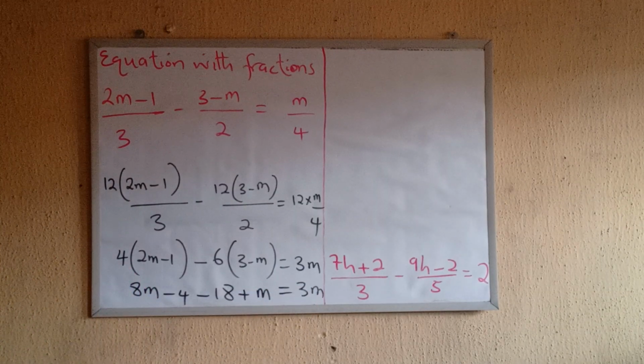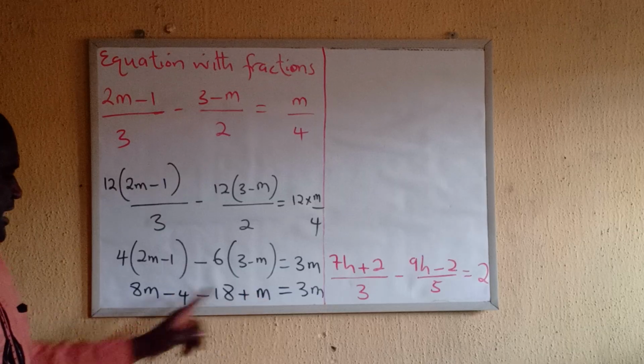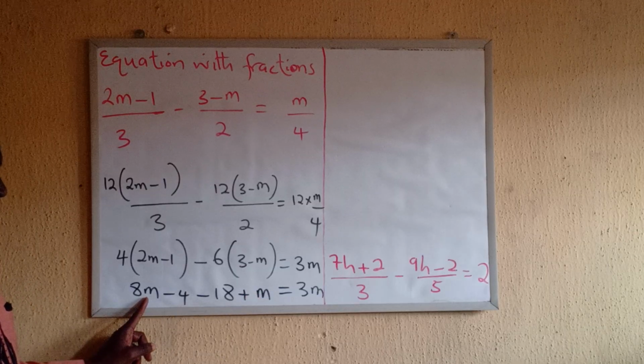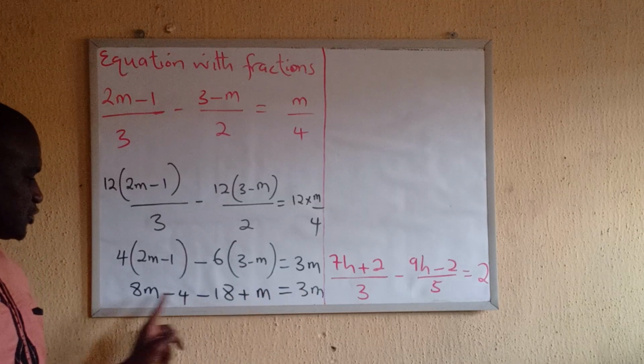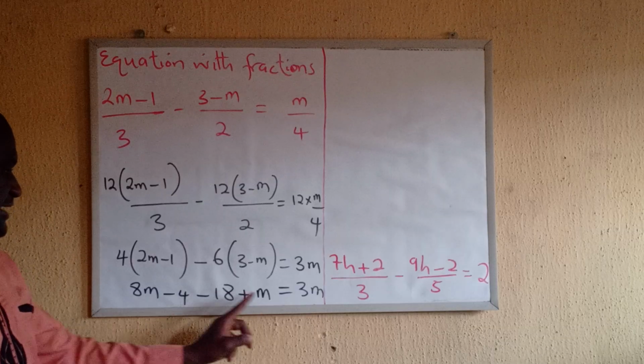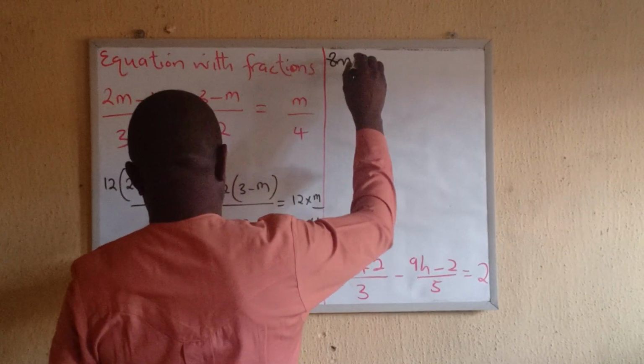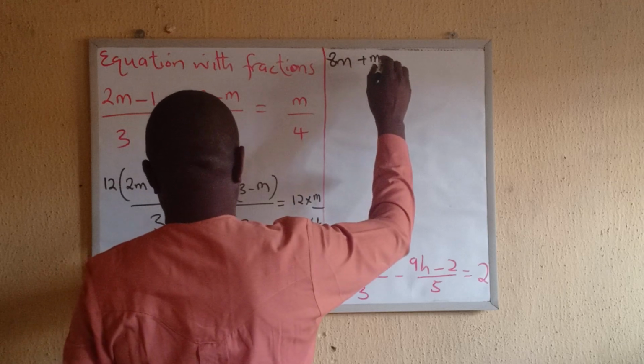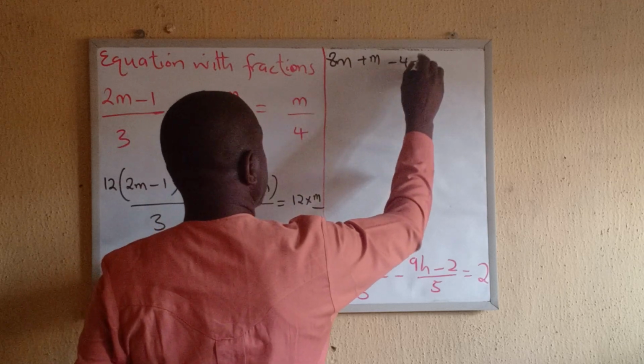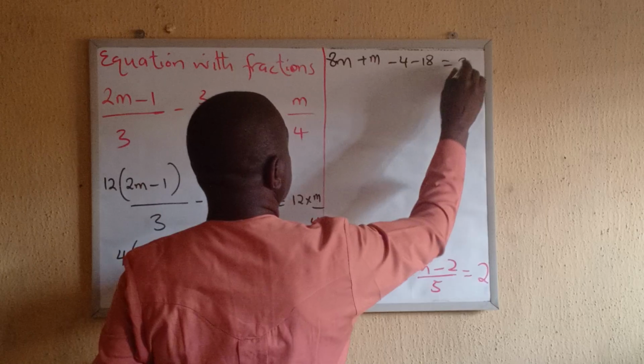Now, if you look at here, we have m here and 8m here. They are like terms, but let's simplify this one first. So we have here 8m plus m minus 4 minus 18 is equals to 3m.